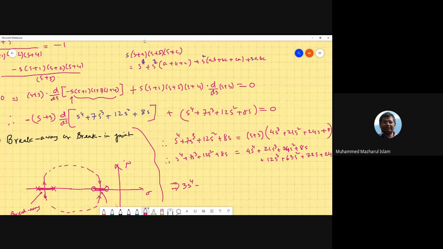This implies 3s to the power 4 plus 21 plus 12 minus 7, so 26s cube, plus 24 plus 63 minus 12, let's see what you get, you can work it out yourselves. What is the next one? 24 plus 63 minus 12, 75. Very good. 75s square. The 8s cancels out actually, 72s plus 24 equals 0.